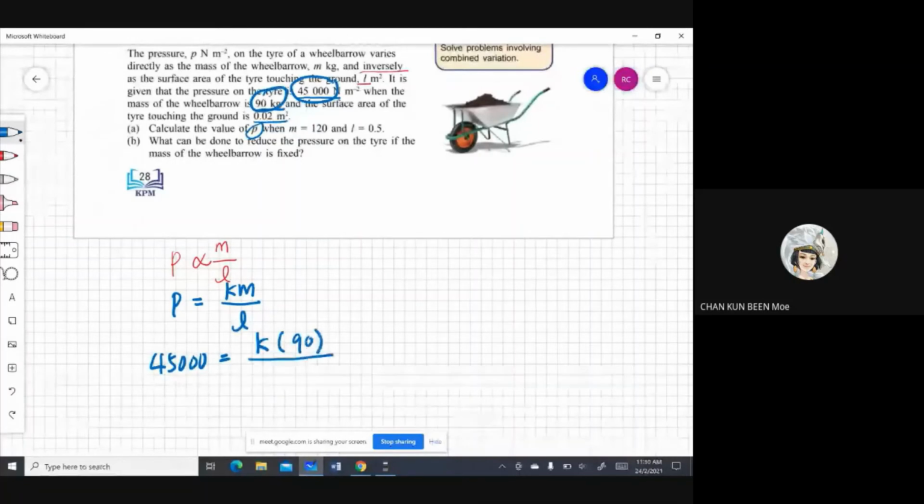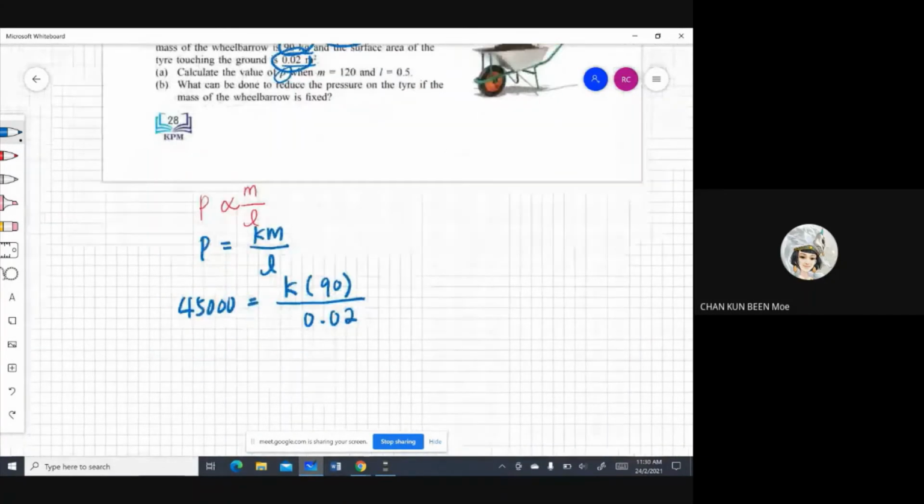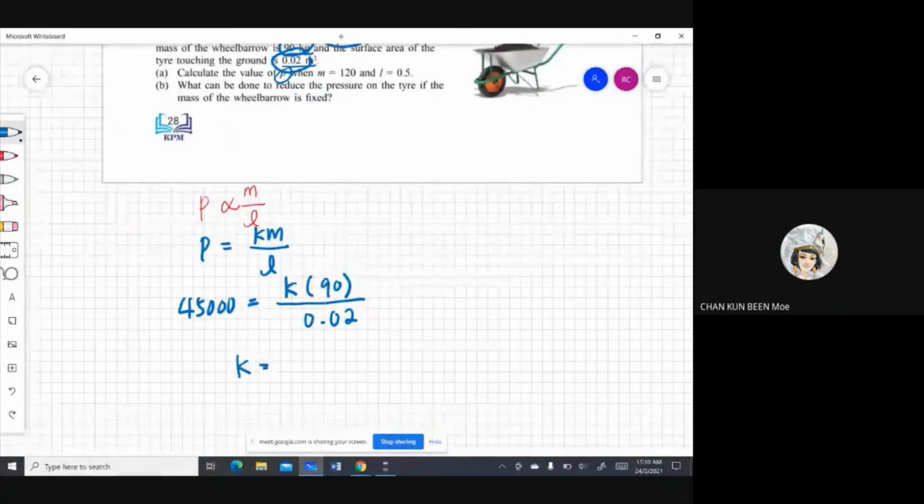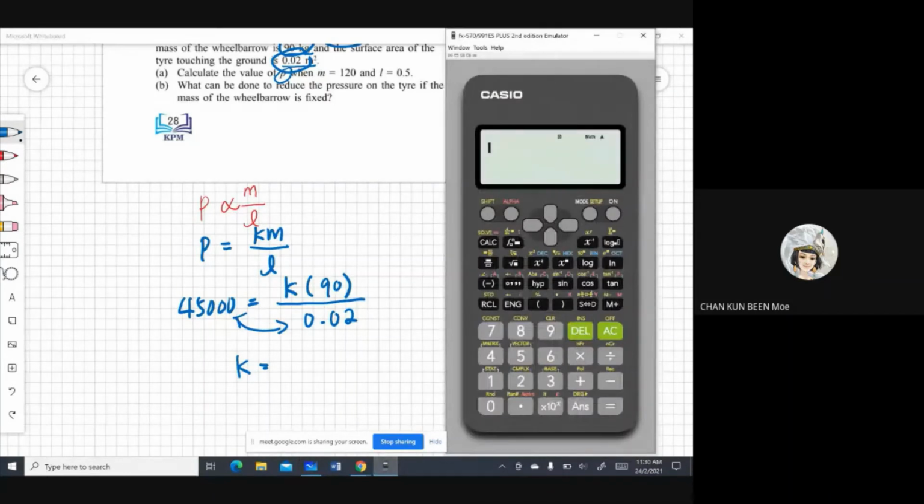Over the L. The L that you are given is 0.02 meters squared. That's the area, 0.02. So from here, you can get the constant already. It is equal to 45,000 times 0.02 over 90.